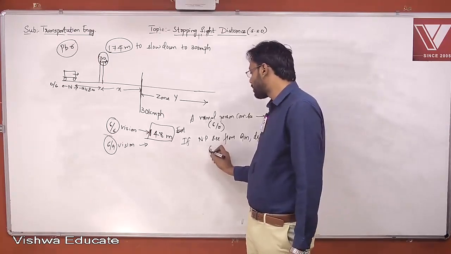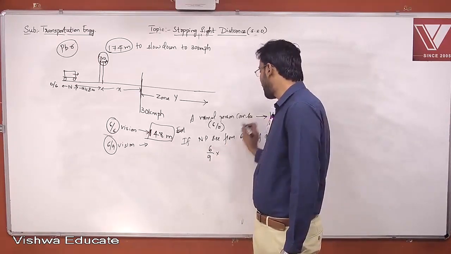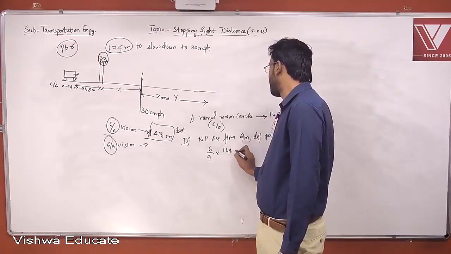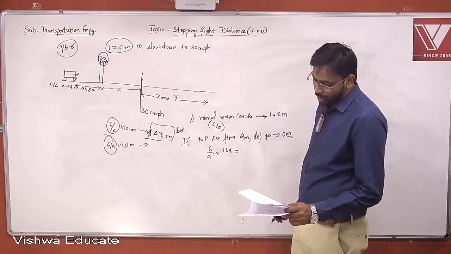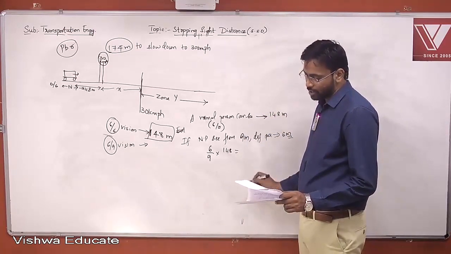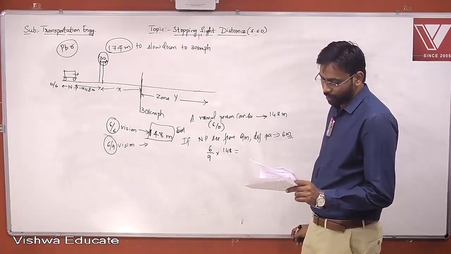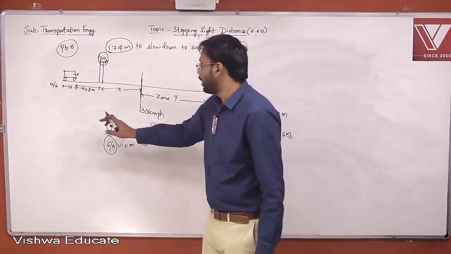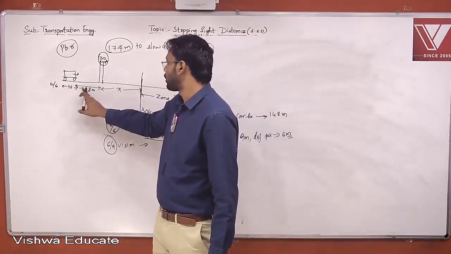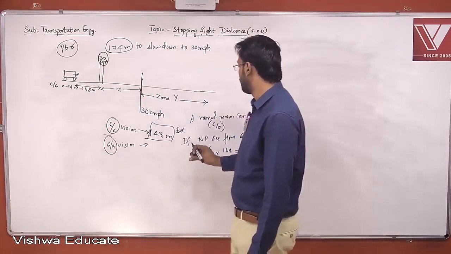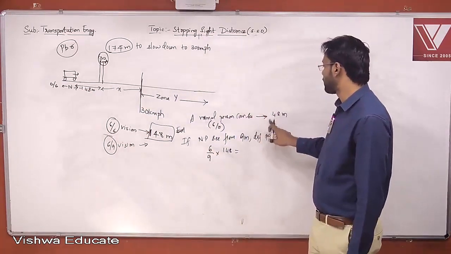So from this logic, 6/9 of 148... sorry, this is not 148, this is 48. A 6x6 vision driver can see it from 48 meters.